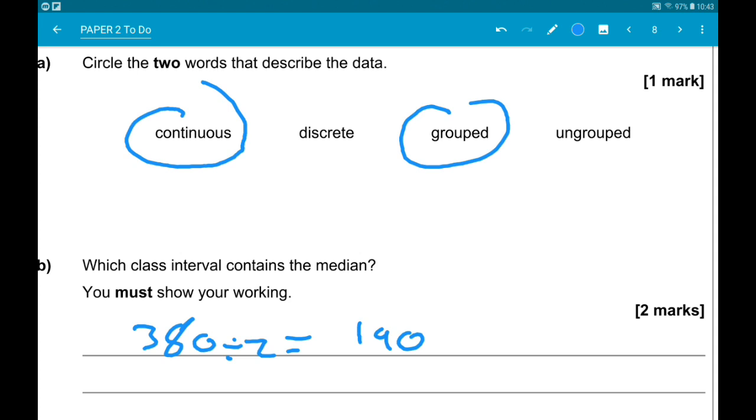Now, if we were asked to find the actual median, because we have an even number of things, the median itself would be the average between the 190th and 191st match. But luckily we're not asked to do that, we just want the interval containing the median.